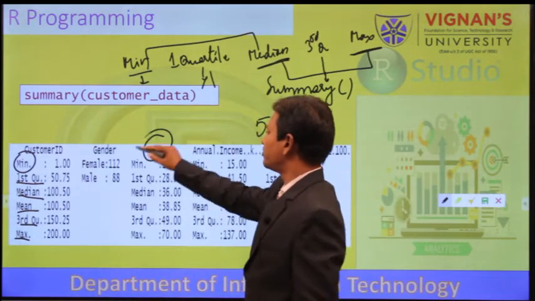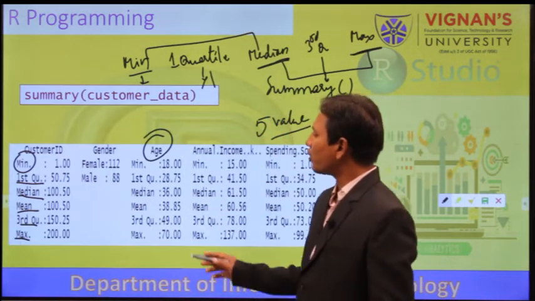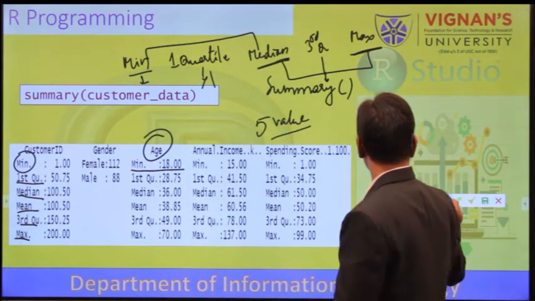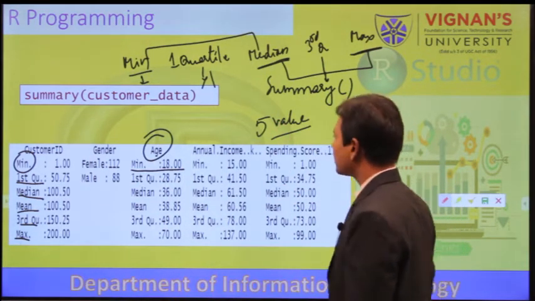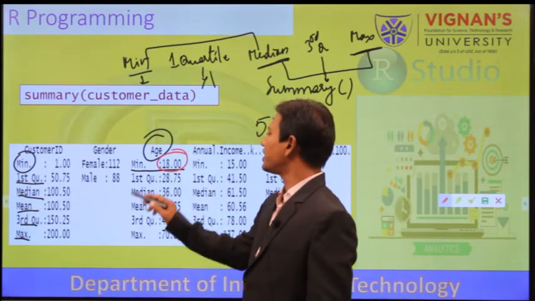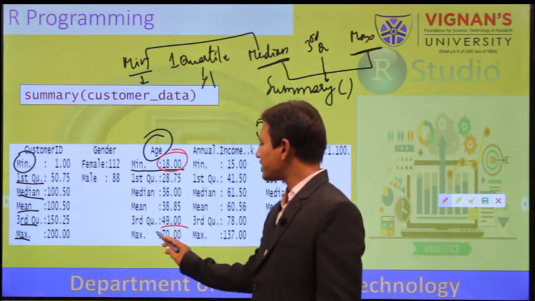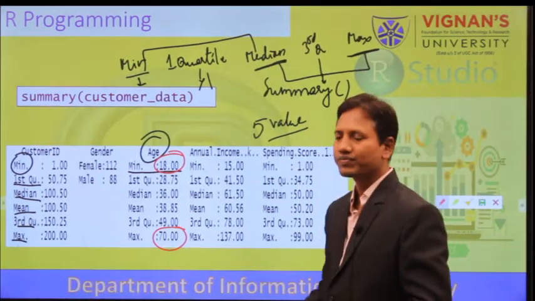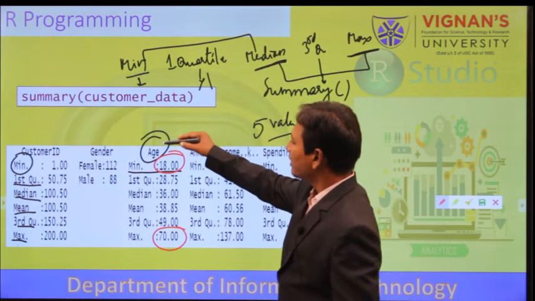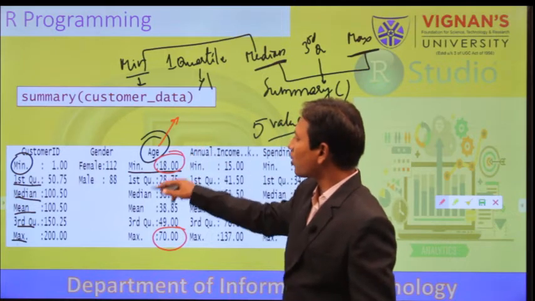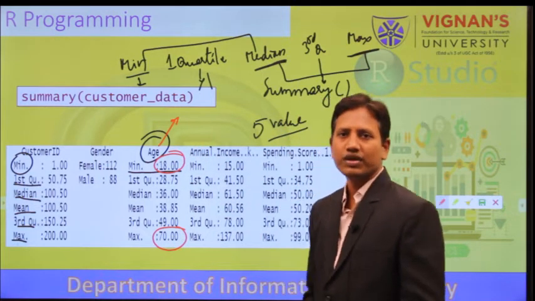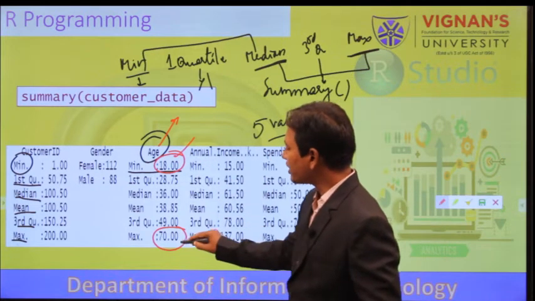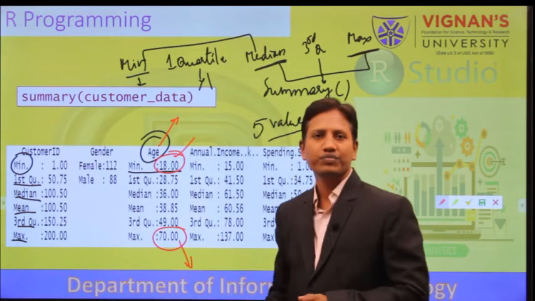See this age. What is the minimum age of the customer? It is showing that 18 is the minimum age. And what is the maximum age? It is 70. If we consider the column name as age, the minimum age is 18 and the maximum age of the customer is 70.